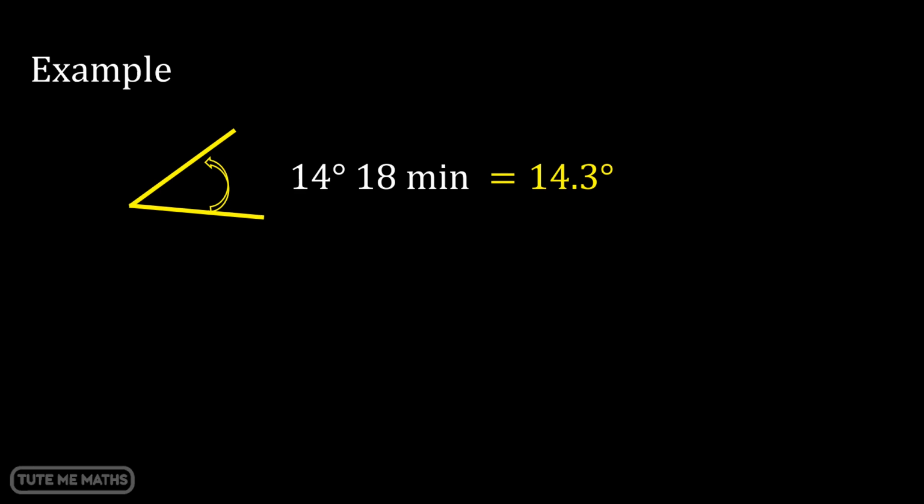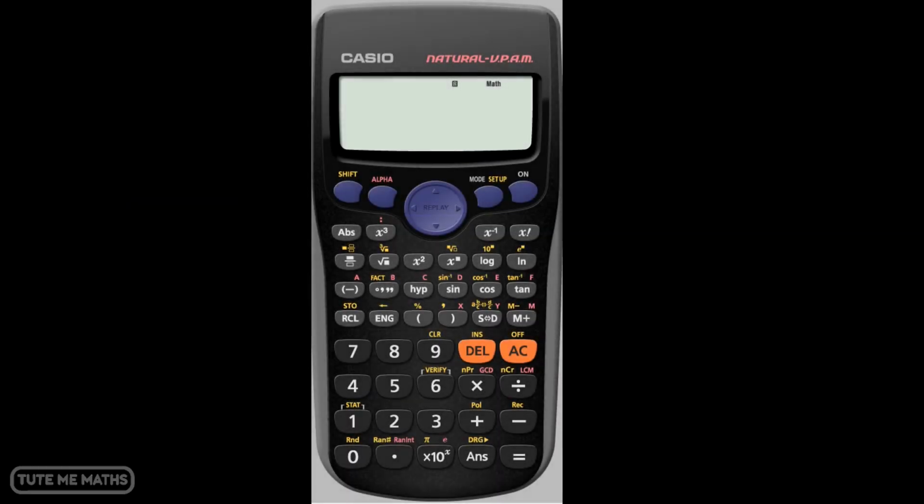Let's see how our calculator can help us. To make life easy, there is a button on your calculator known as the degrees, minutes, seconds button, but colloquially referred to by various names, such as the bubble button or raindrops button.